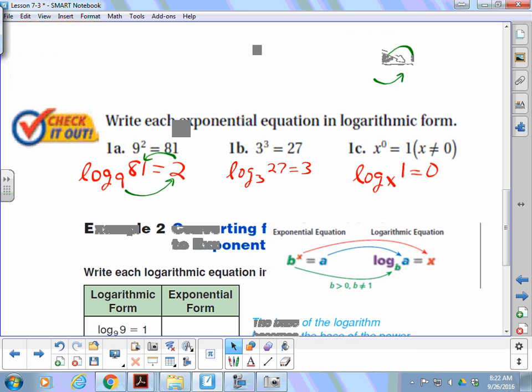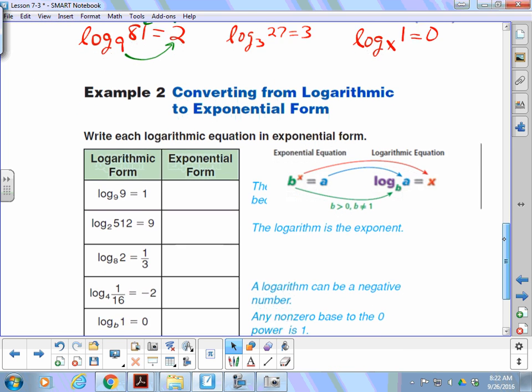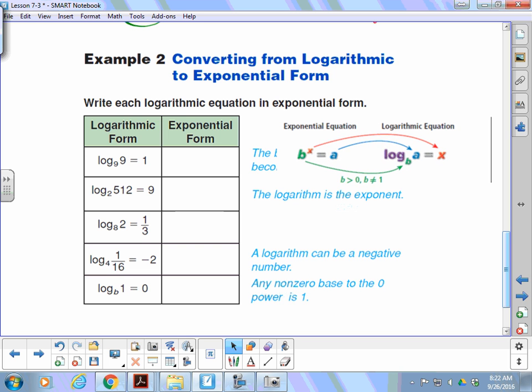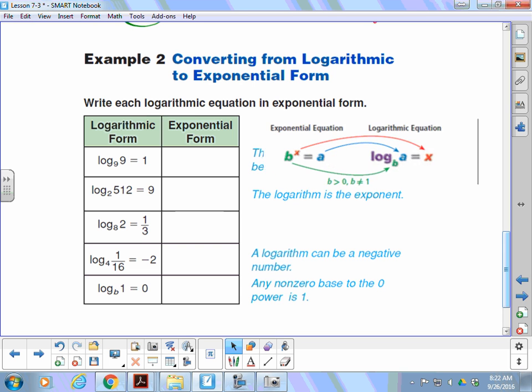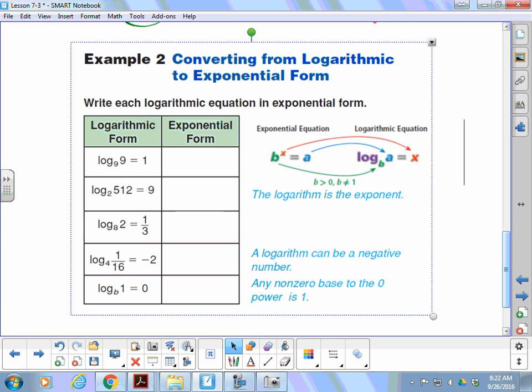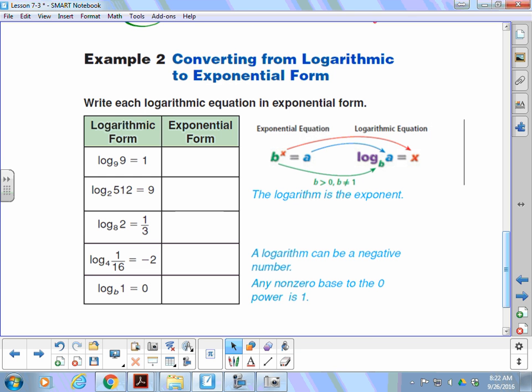All right, so let's go the other way then. Here are logarithmic functions, and let's convert them to exponential. And like I said, that's the way I always think of it: 9 to the first power equals 9. So the base raised to the power of the exponent equals the other side.